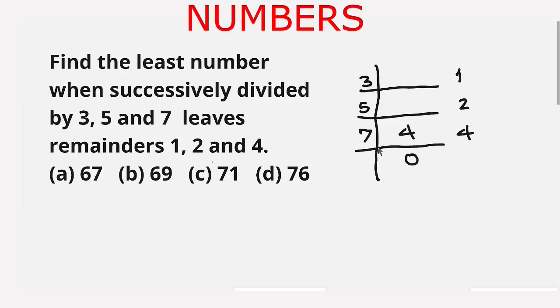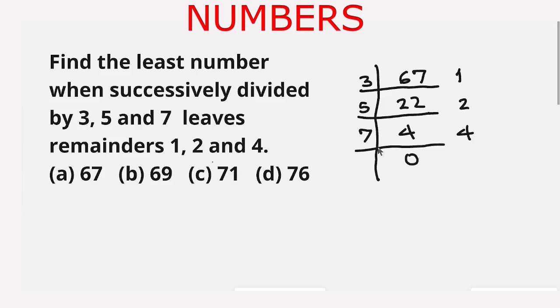Now the last quotient 4 is multiplied by 5, and 5 times 4 is 20 plus 2 is 22. Now the quotient 22 multiplied by the divisor 3 gives us 66 plus the remainder 1, which is 67.